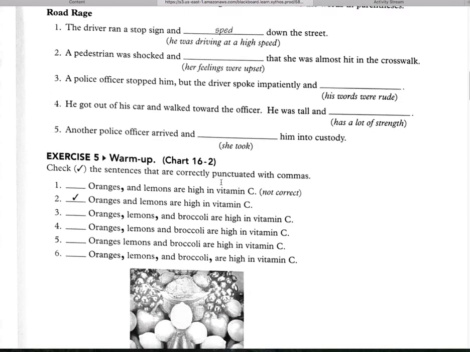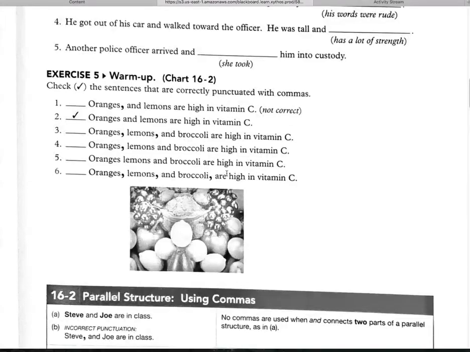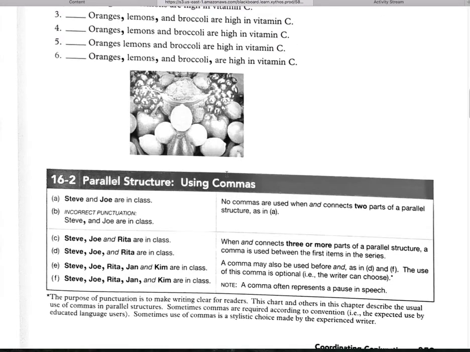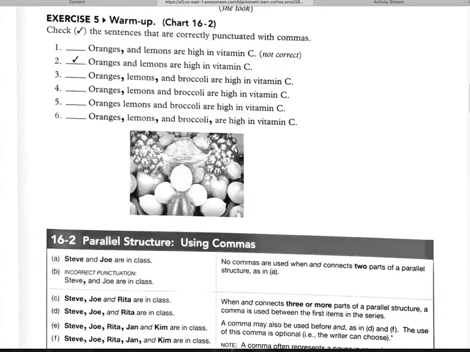Now if we look at exercise 5, this is an introduction or warm-up to chart 16.4, where you use commas in parallel structure, ladies and gentlemen. In exercise 5 it says, check the sentences that are correctly punctuated with commas.